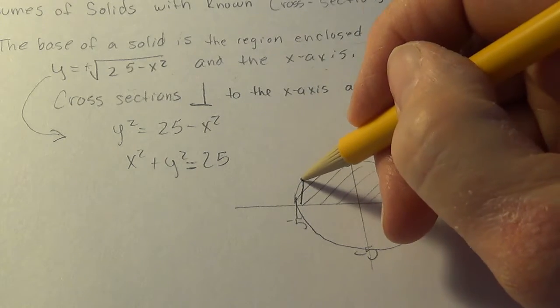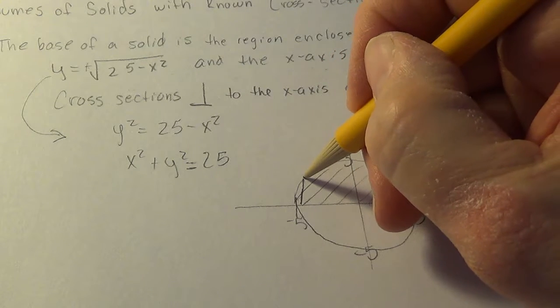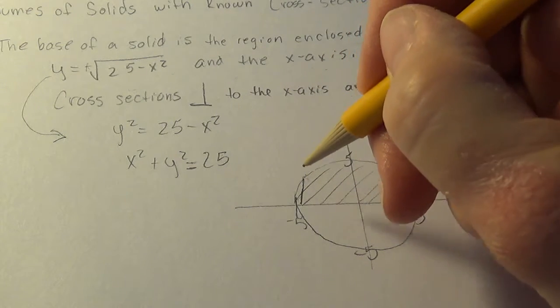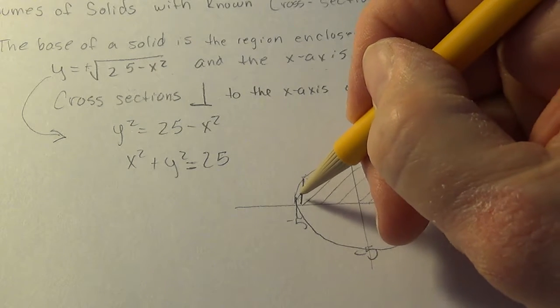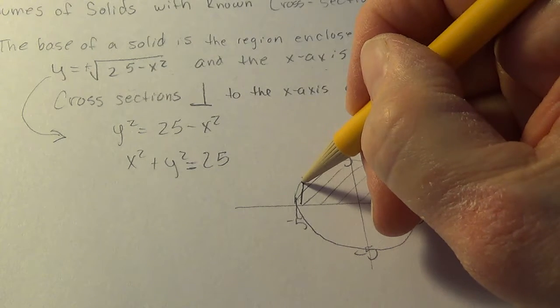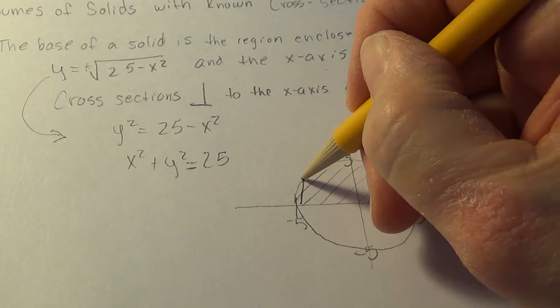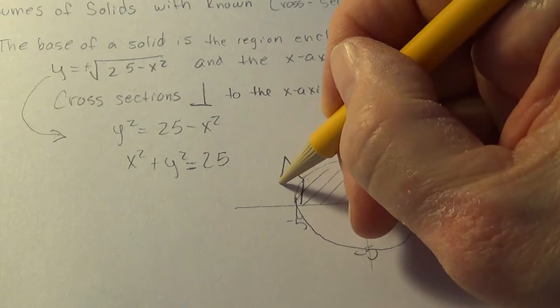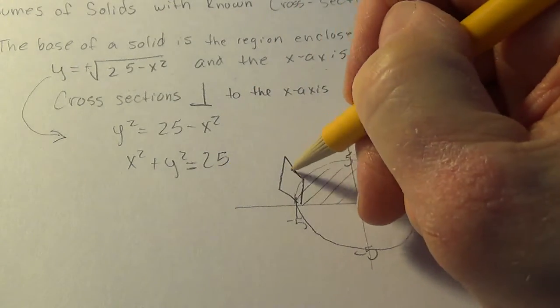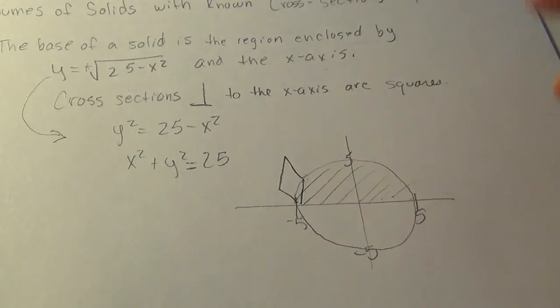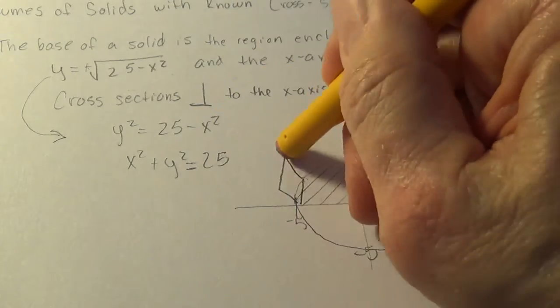So where's the rest of the square? Well, it's going to be rising out of the paper straight towards you, so I should draw it like this. But I'm going to try to draw it with some sort of perspective. I don't know if that looks like a square. All four sides are supposed to be alike. It's probably a little too tall.